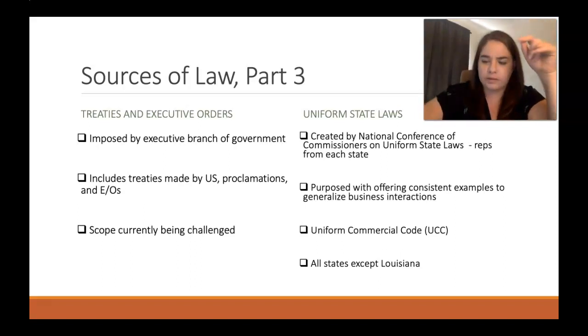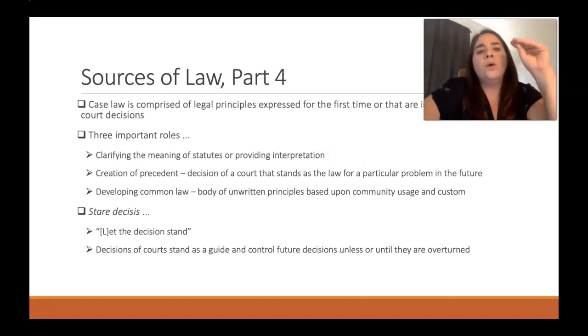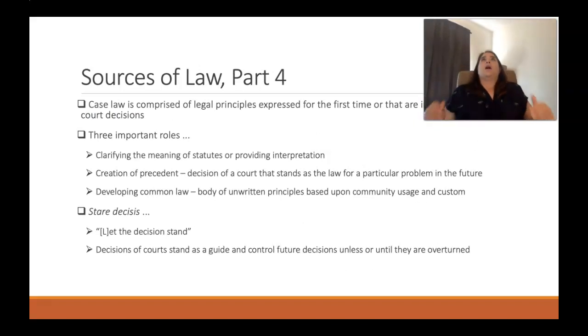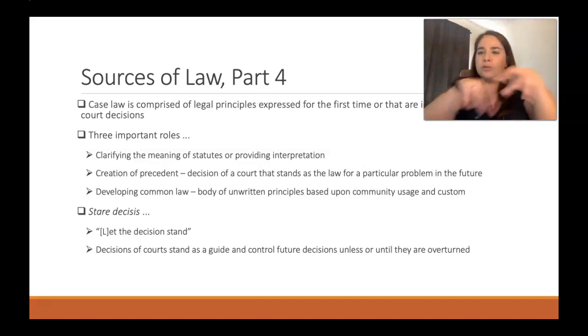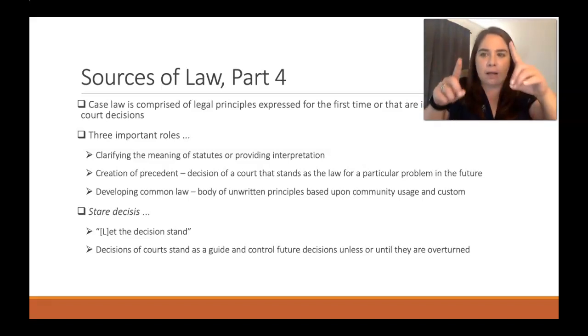But I digress. Now, Part 4 for sources of law is probably the most important, but also the most complicated, because this is where lawyers get their little fingers in everything and they muck it all up.